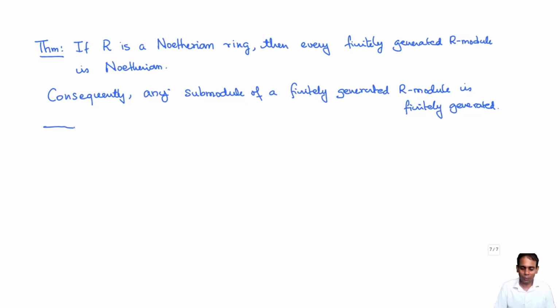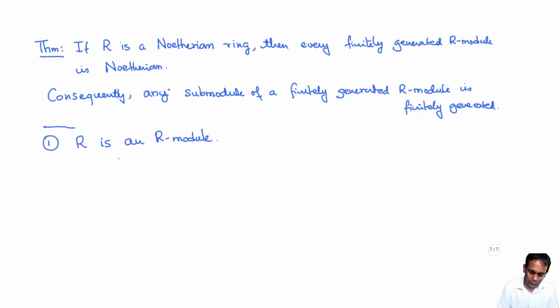So the proof is now very simple. First, what is the relation between R being a Noetherian ring and R modules? Suppose R is a ring, then R can be thought of as an R module itself. How?